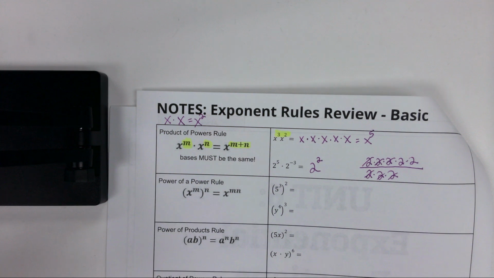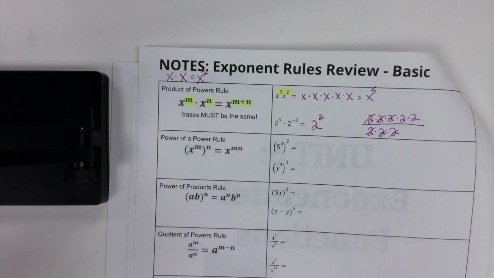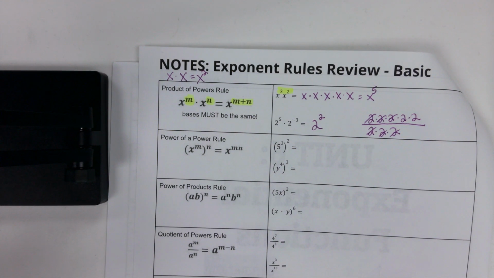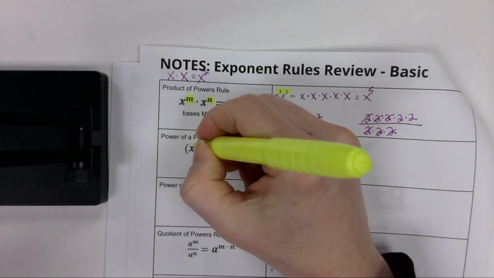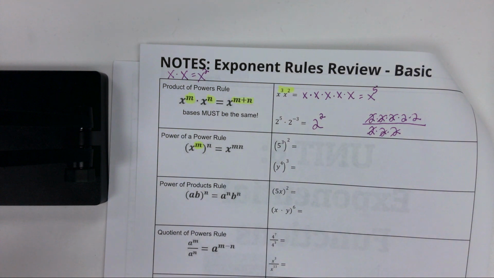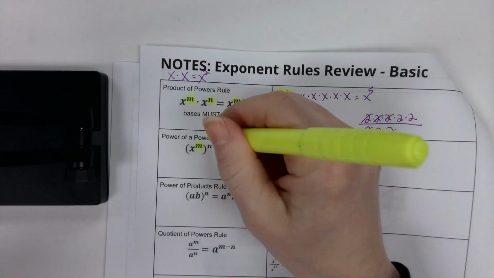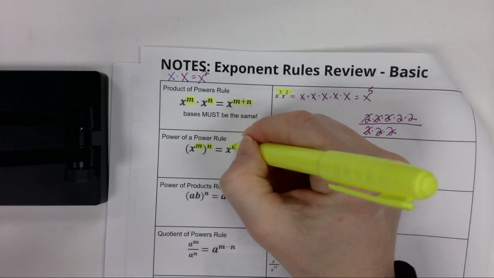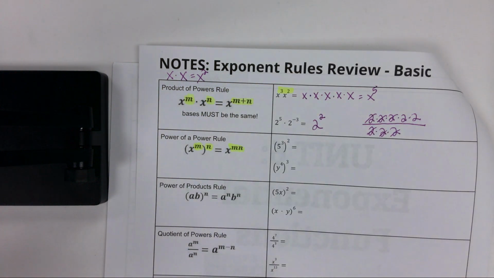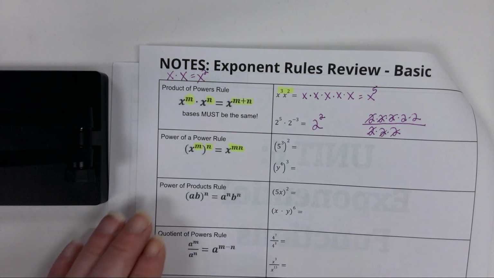All right, what about if you raise an exponent to a power? So if you have x raised to some power, and then you raise the entire expression to another power, you actually multiply those together, okay? Now let me show you again what I mean by that. I'll do a little one down here.